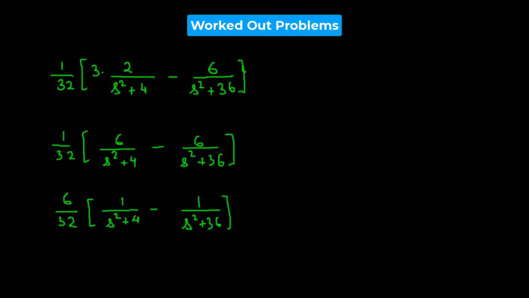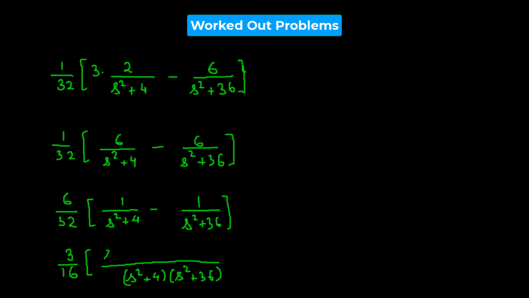So we're going to combine the two terms. So 6 over 32 will be 3 over 16 times s squared plus 4 times s squared plus 36.